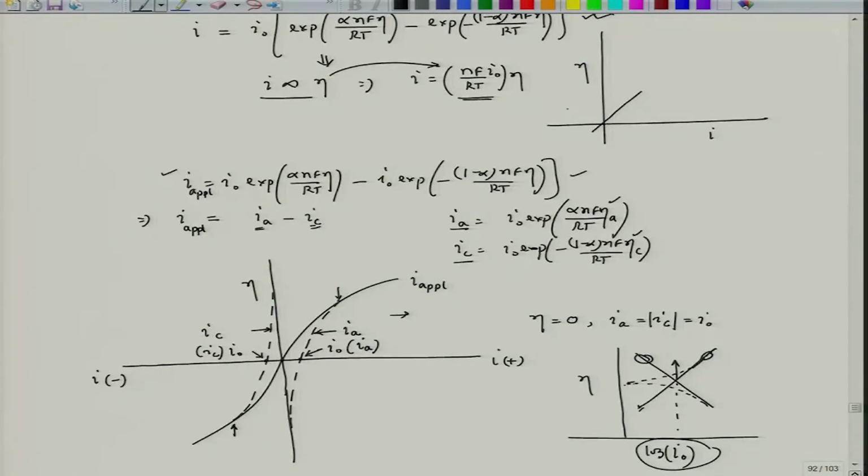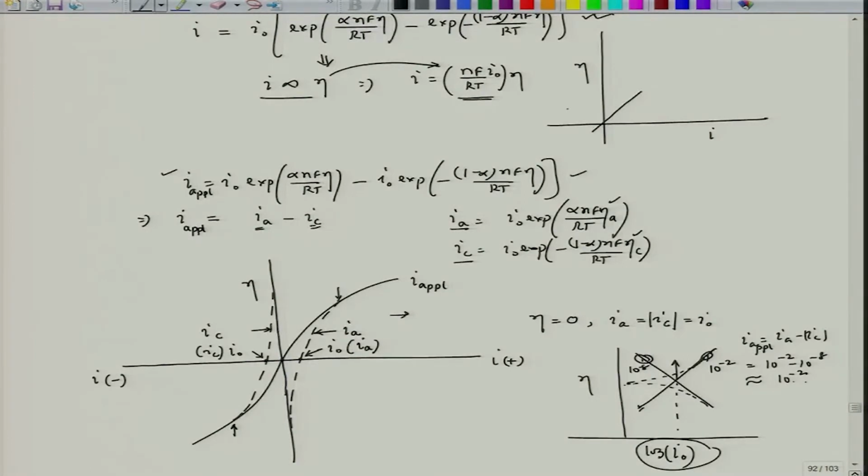So, if this becomes 10 to the power minus 2 and this becomes 10 to the power minus 8, then I applied would be equal to I A minus I C, which is 10 to the power minus 2 minus 10 to the power minus 8, which is almost equal to 10 to the power minus 2.